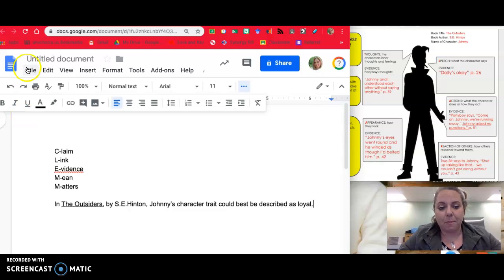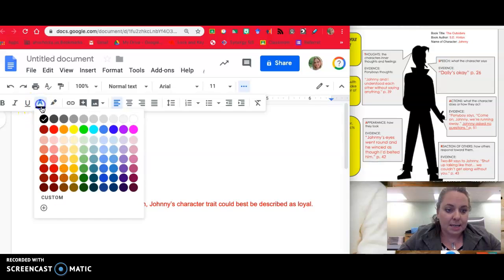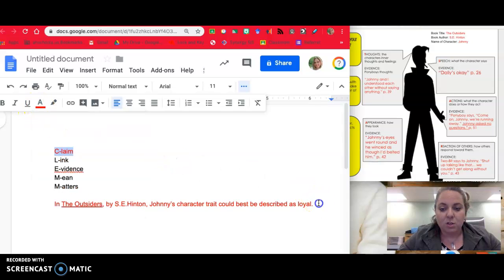And that's my claim. Now, throughout my entire paragraph, I'm going to attempt to show that this claim is indeed true. So I'm going to begin by linking in evidence.